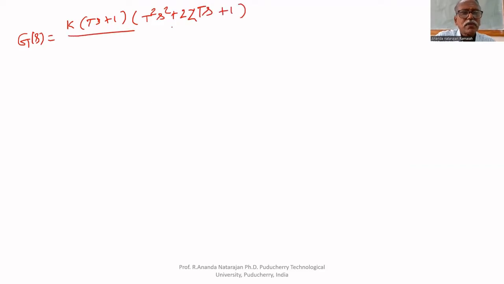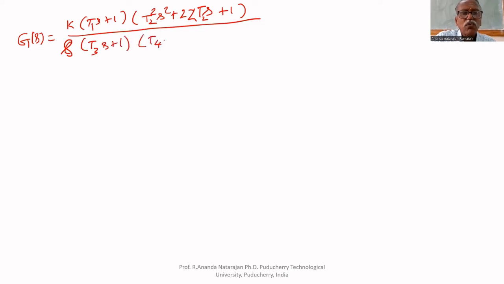Before going to that sum, the procedure to draw Bode plot, let us consider this g of s equal to k times (tau 1 s plus 1) and (tau 4 square s square plus 2 zeta tau 4 s plus 1) upon s, then (tau 2 s plus 1), (tau 3 s plus 1).